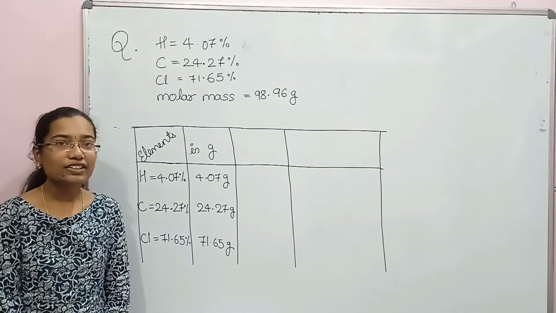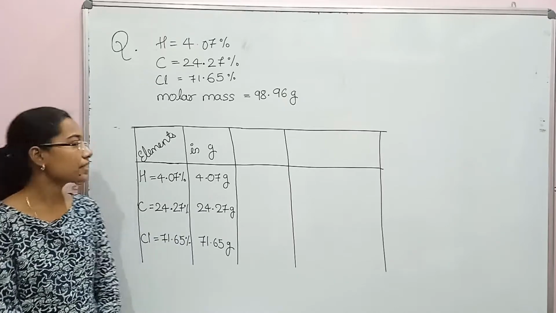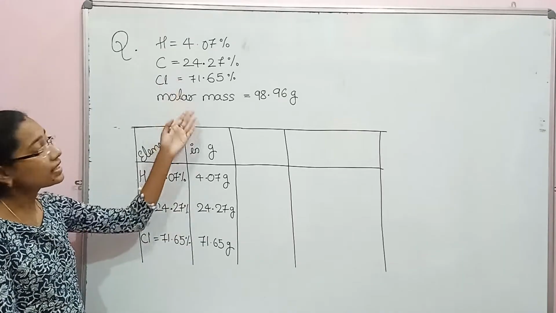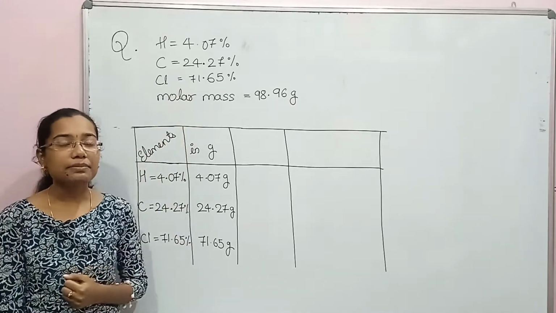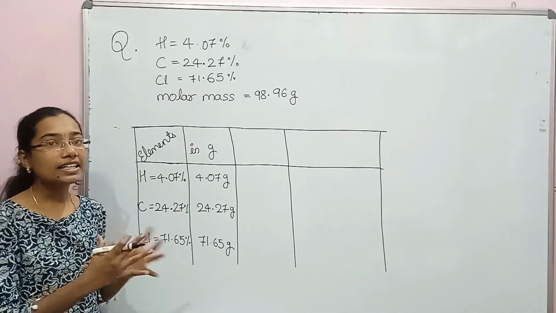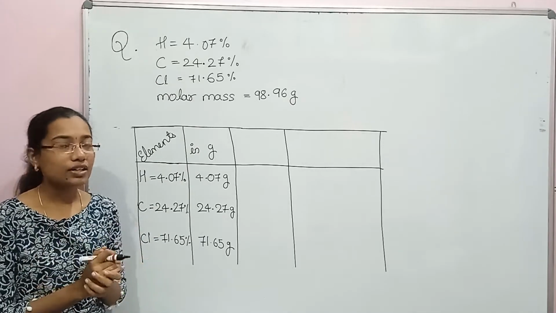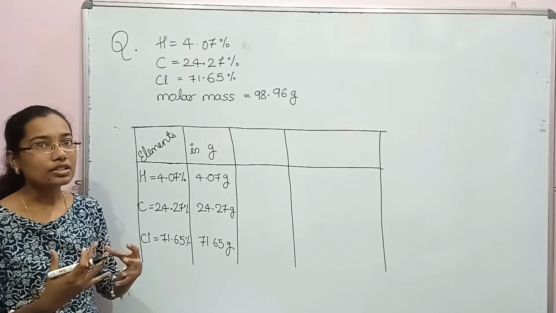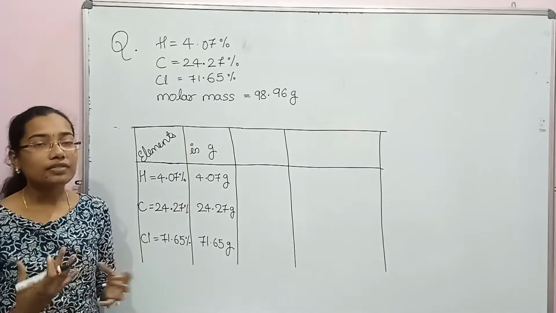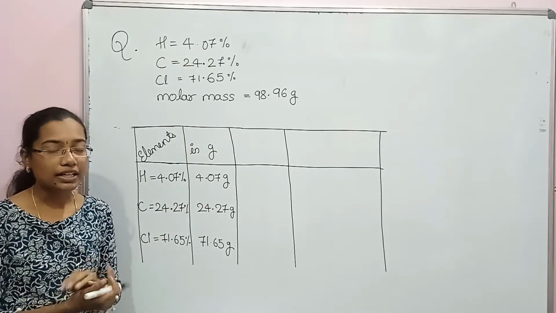Now we'll start the calculation step by step. First, they are given in percentage composition. The first step is we have to consider the whole compound as 100 grams. We don't know the compound; we have to find its molecular formula and empirical formula.